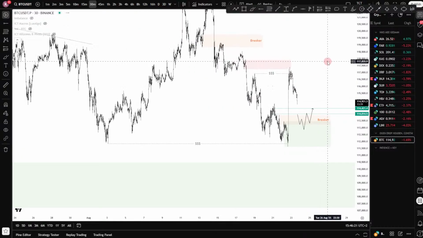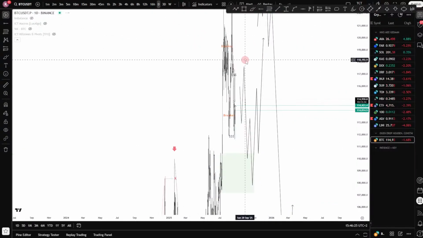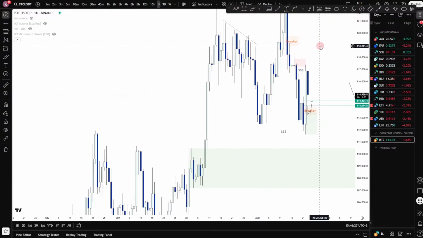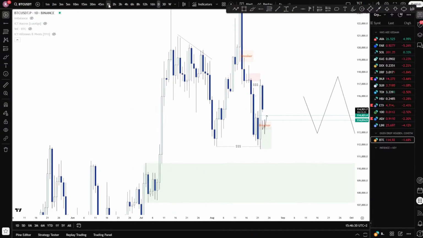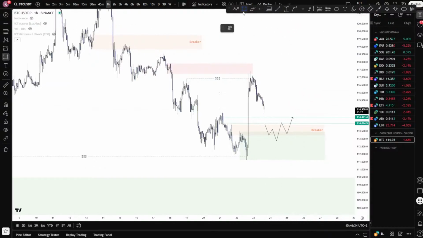For now, patience though on Bitcoin. No points of interest really here. Or we do something like this, create a range like here.